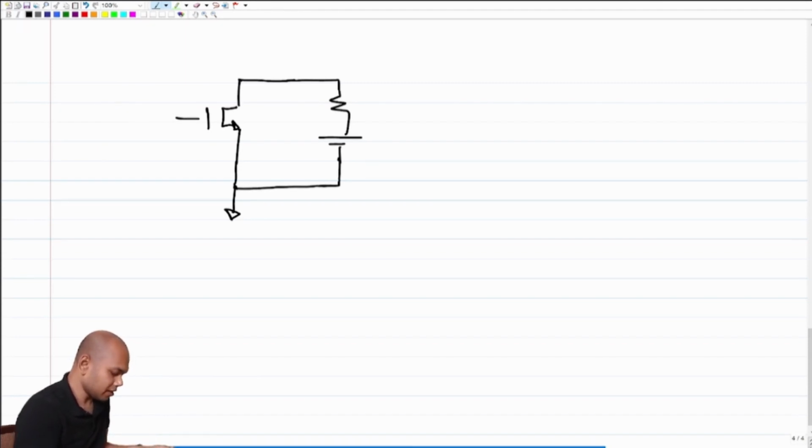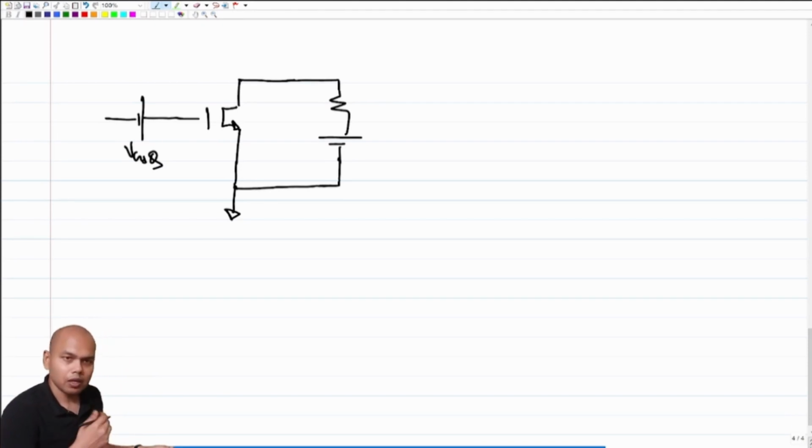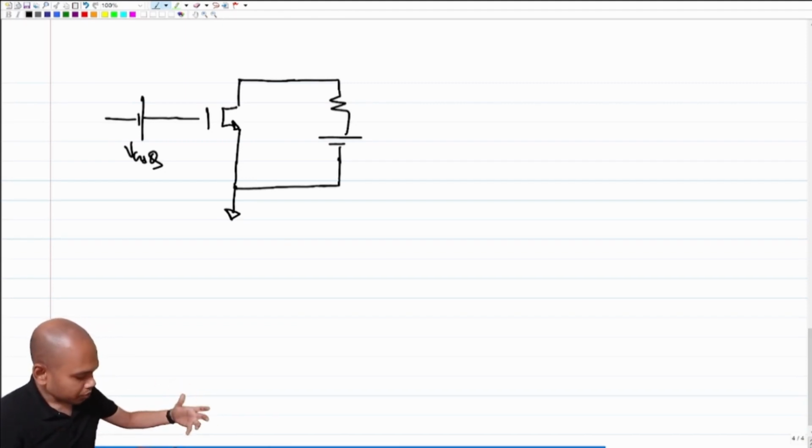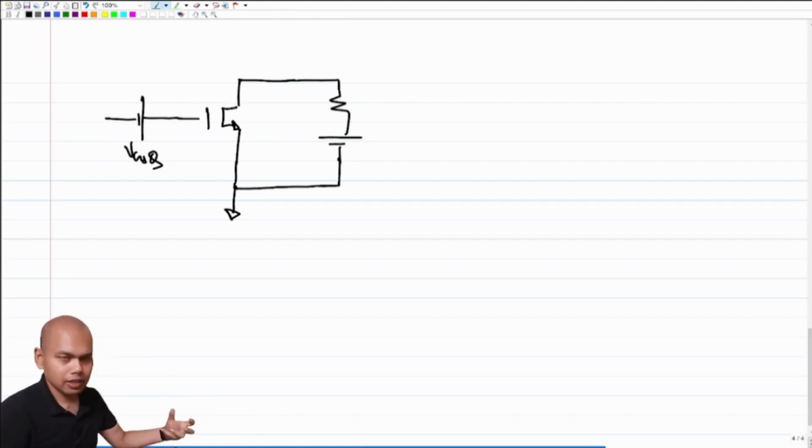We wanted to bias the transistor. To bias the transistor, we needed a battery of value VGSQ, and we also wanted to apply the incremental small signal equivalent, and for that we needed to add another signal so that it adds to the voltage of the battery.